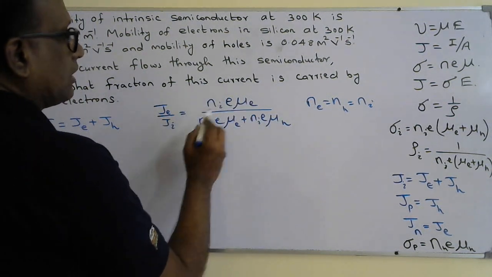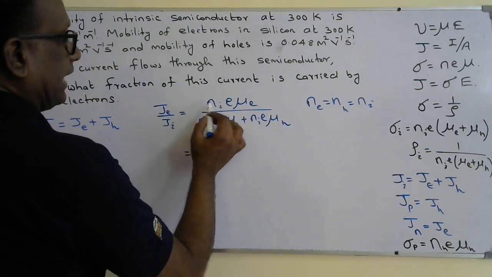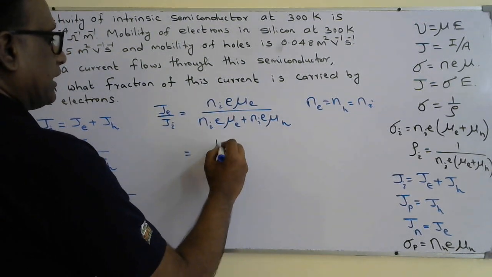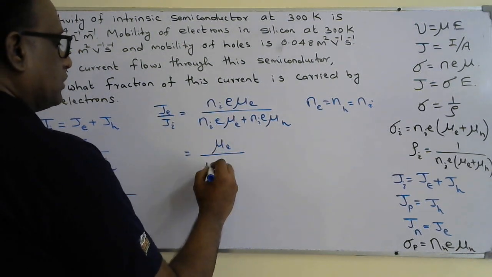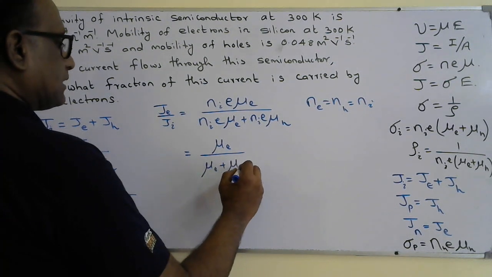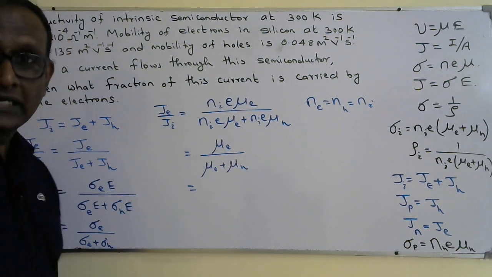So all these quantities Ni will get cancelled, and it will become mu E over mu E plus mu H. Right, we are getting the final equation now.